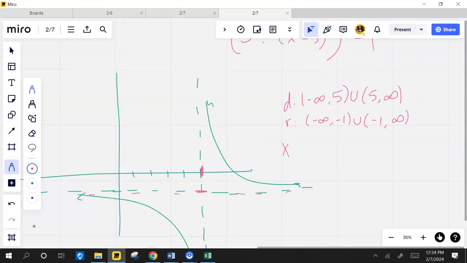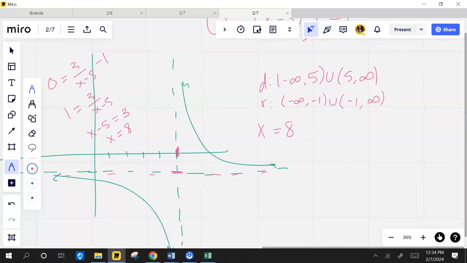I would have to cross multiply here and get x minus 5 equals 3, so x equals 8. And then the y-intercept, of course, I'm just putting in a 0 for x to find that.